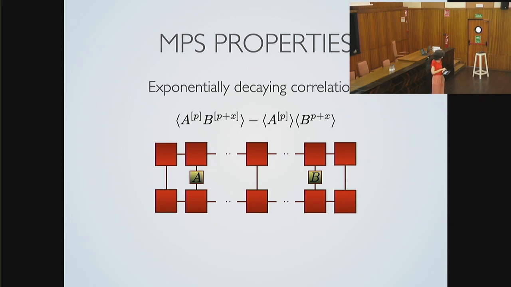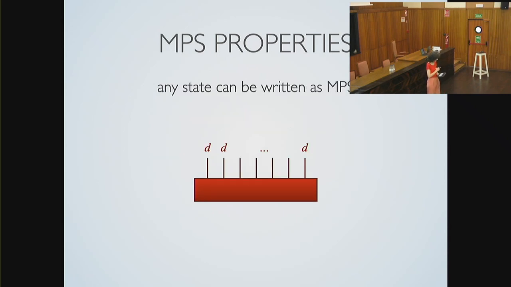I'm jumping over this, but it's a very fundamental property because it really tells you that if you have a matrix product state with finite bond dimension, and you look at 2-point correlation functions, this is the expectation value of the product of 2 operators, but you are typically interested in looking at the connected component of that, subtracting the product of the individual expectation values to see if there is entanglement in your state. Well, this thing will decay exponentially in the MPS. So it cannot really reproduce the behavior of critical correlations.